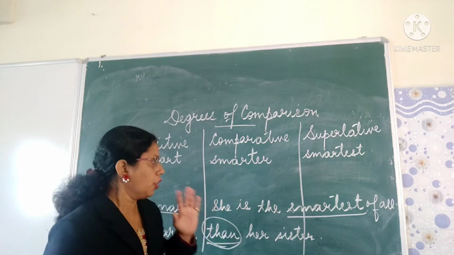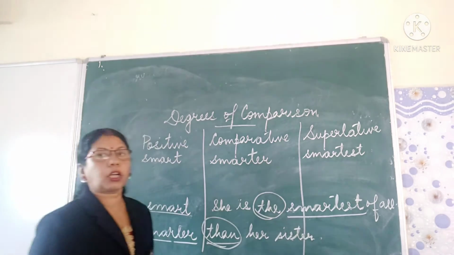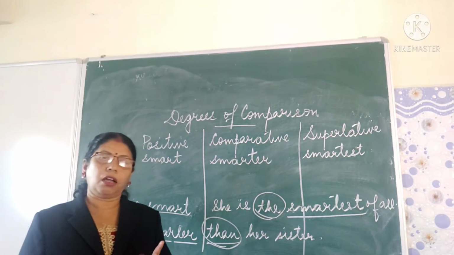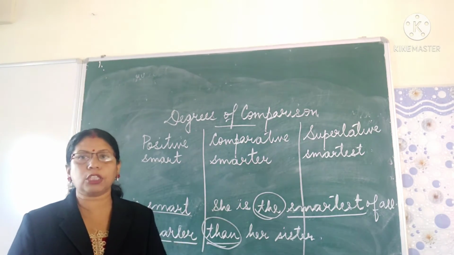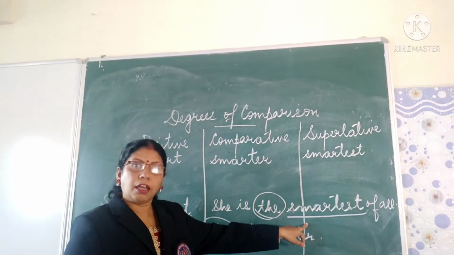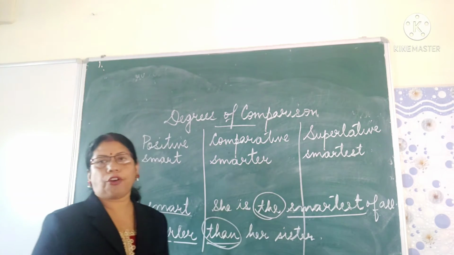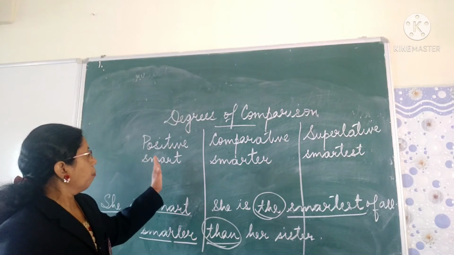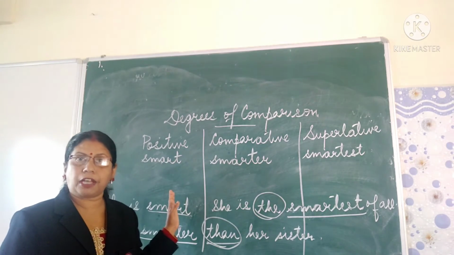Before that superlative word, I use a clue word, the article the. When we were doing articles, we had learned that the article the is always used before superlative words. The superlative word is smartest, and before that I use the: the smartest of all. These are the positive, comparative and superlative degrees of adjectives.